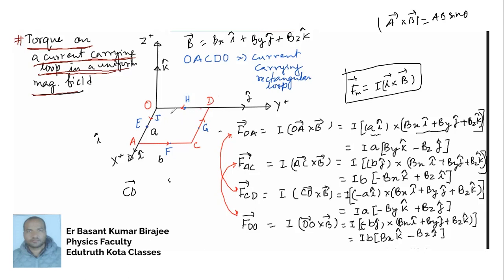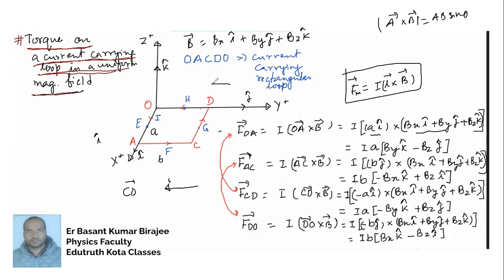So the magnetic force experienced by the DO arm is current times the length vector of the DO arm, DO vector cross B. And see, the direction of the DO vector is opposite to the direction of the positive y-axis.